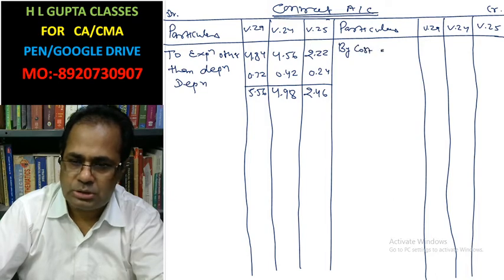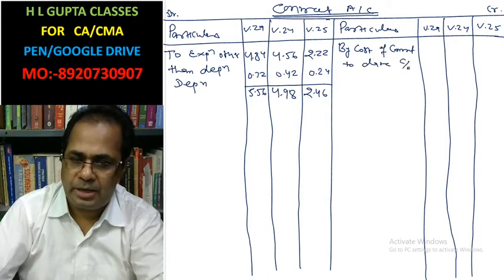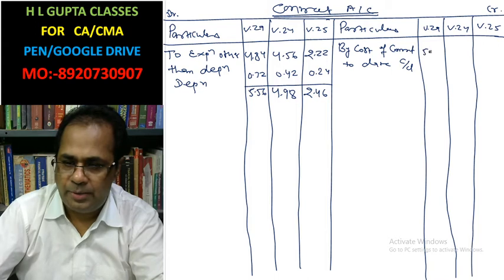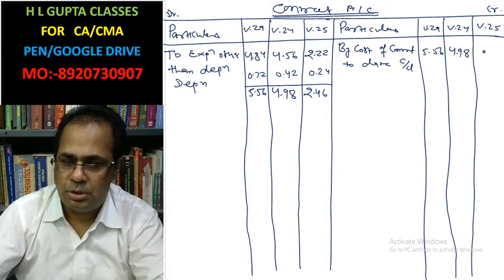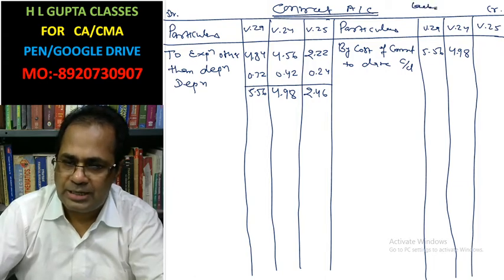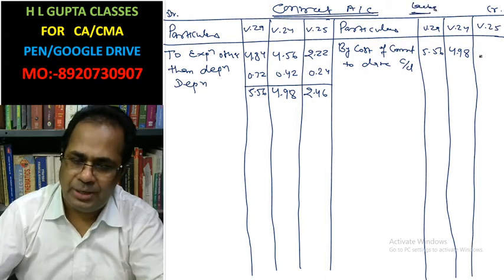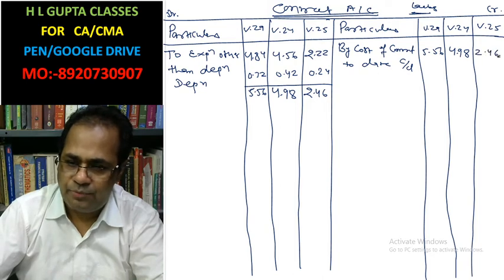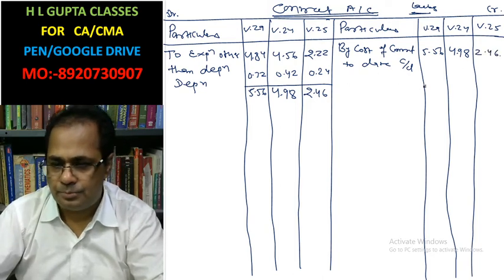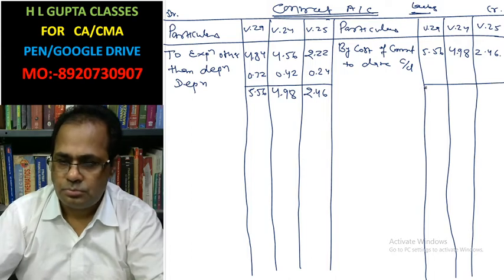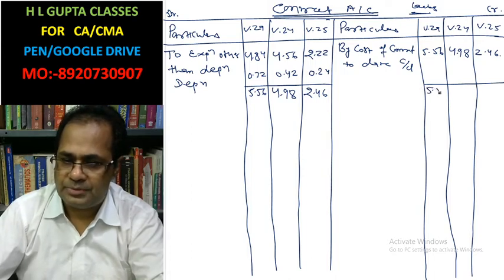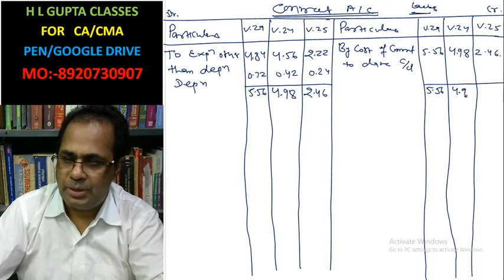By cost of contract to date carried down: 5.56, 4.98, 2.46. These all data are in lakhs.